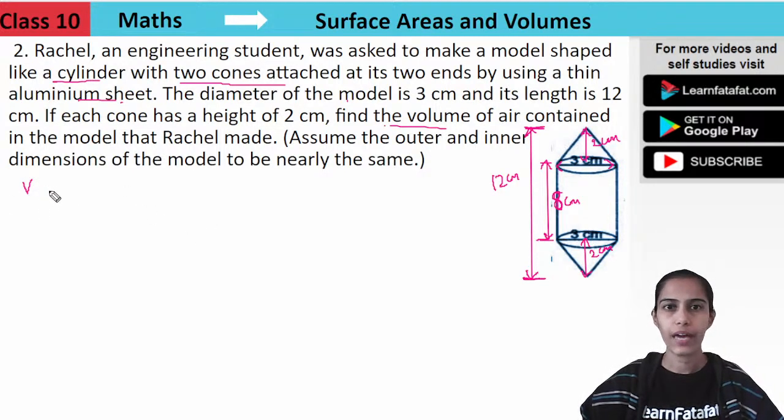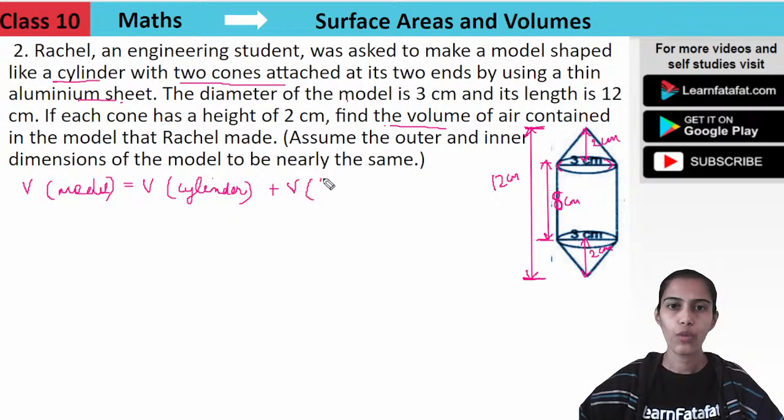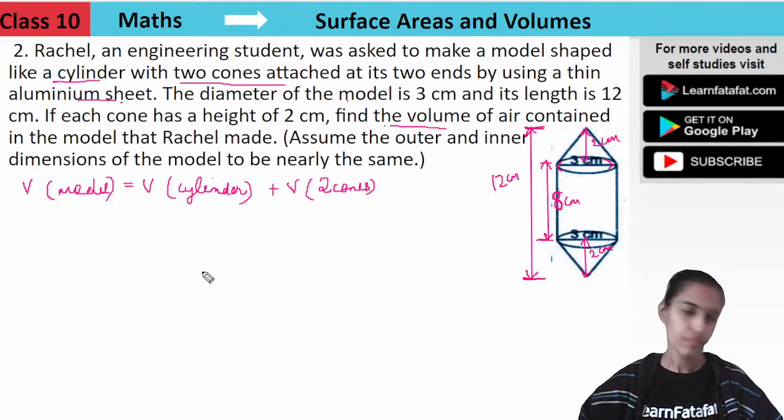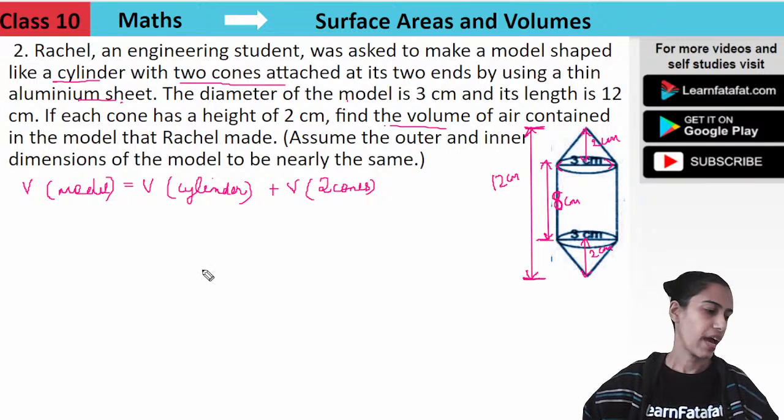Volume of the air in the model. So volume of the model find करना है. This will be equal to volume of the बीच में का जो cylindrical part है plus volume of the two cones जो ऊपर और नीचे है एक एक cone, that we have to add.